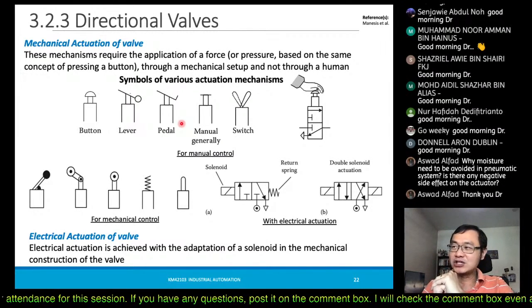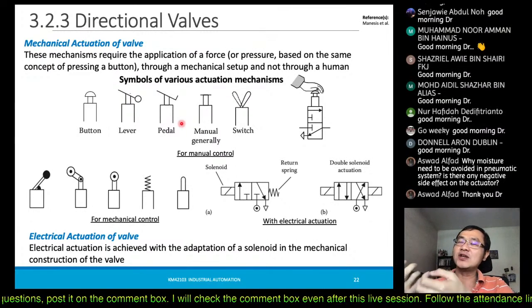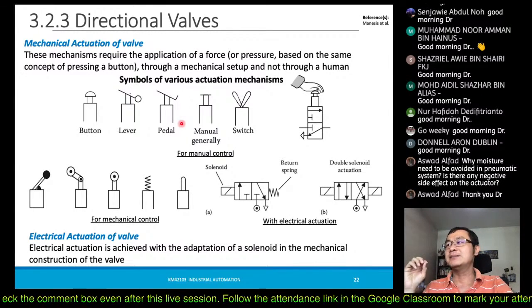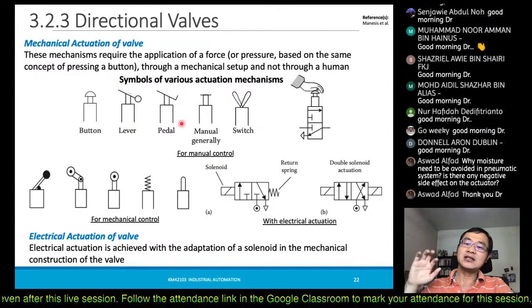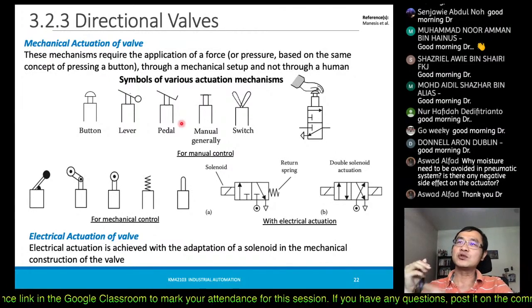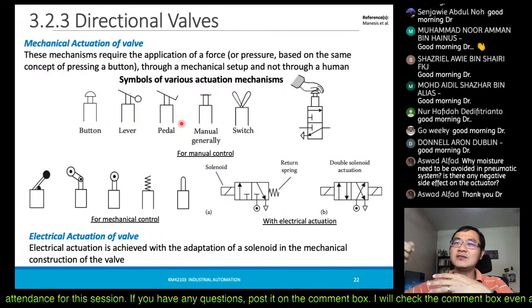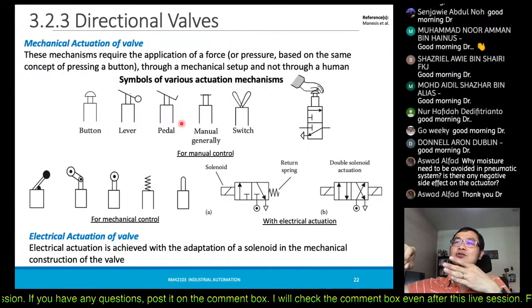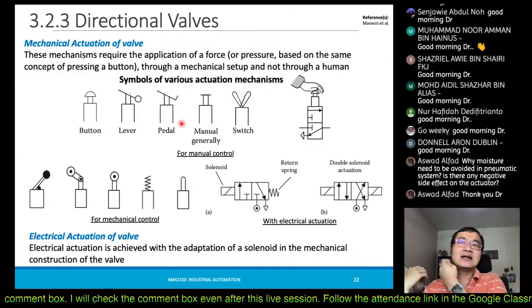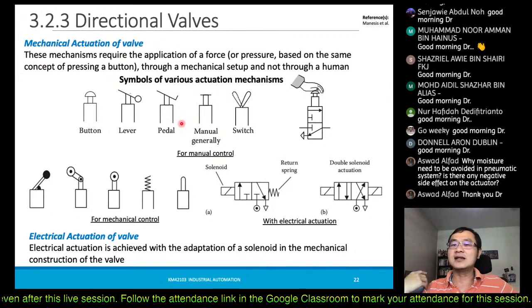Then when we come to the physical part, the contact part, we may want to know how we actually activate that kind of valve, okay? The easiest, most conventional way of activation will be the mechanical way, okay? It's either a button that a human presses, right? Or using a lever or pedal. So all this would be in the form of something like a limit switch, okay? You have a lever that, when something goes through it, you will push it, okay, and you will activate or maybe release a certain valve, or change the state of the valve itself, okay?